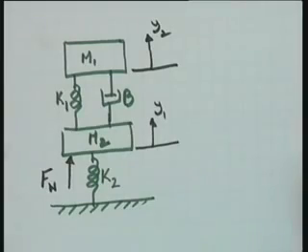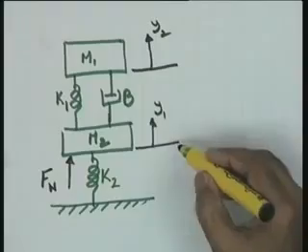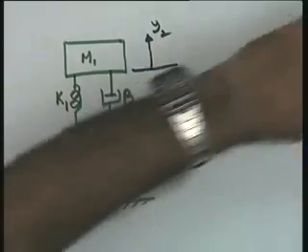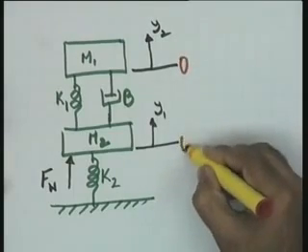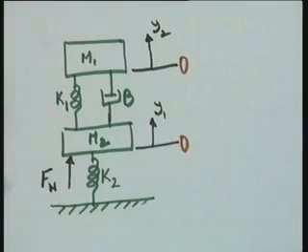One point I would like to mention before I take the analog of this particular system is that in this system I may not take the gravitational force explicitly, and that is possible only if you consider your reference point properly. Let me say that in this particular case the zero reference for position corresponds to the level surface, but with gravitation acting on the system.